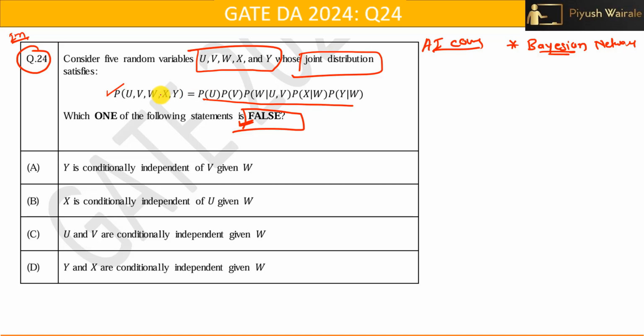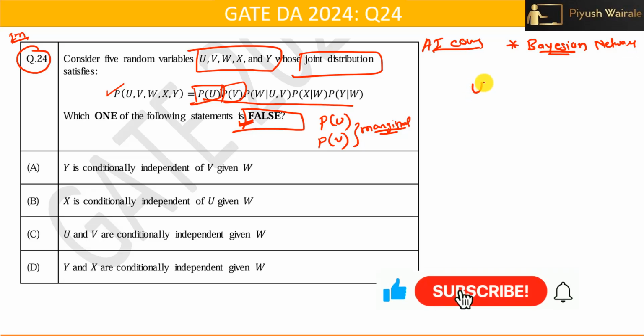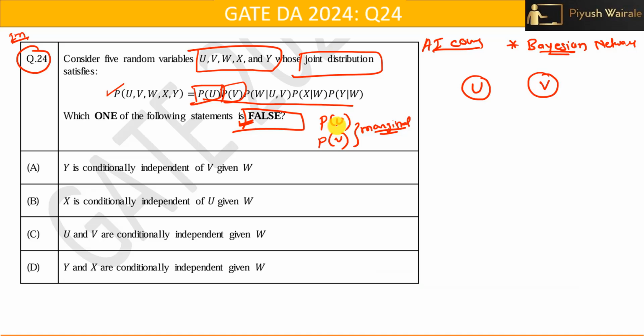So if I draw a Bayesian network for this distribution, first you can see probability of U and probability of V. These are marginal probabilities, which means they are not dependent on anyone. So I have one node U and one node V, and both are independent.